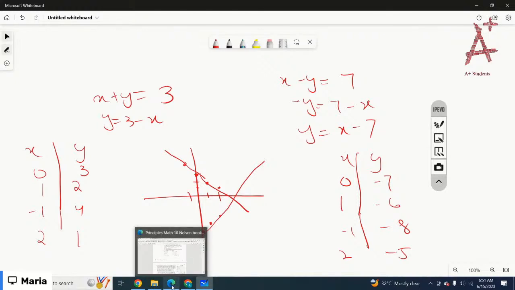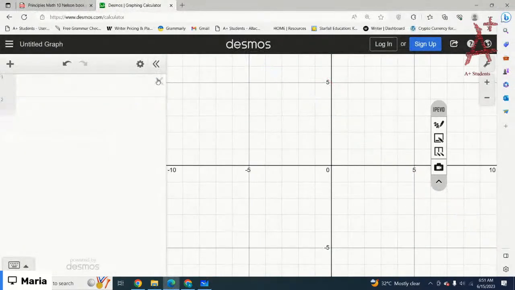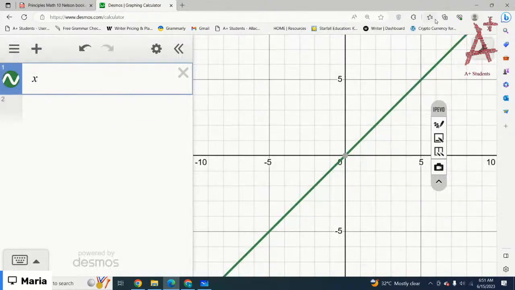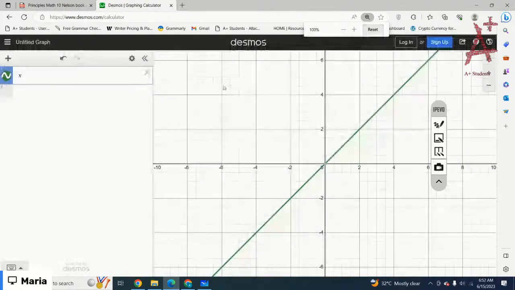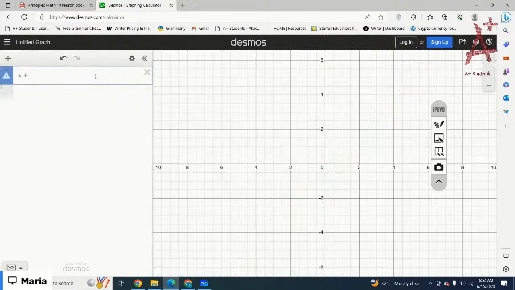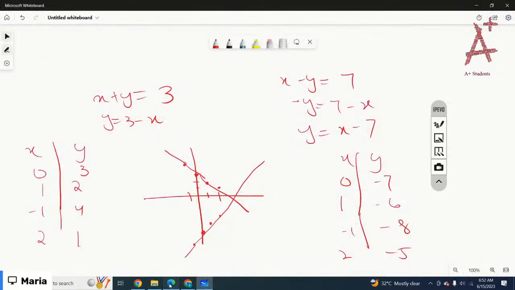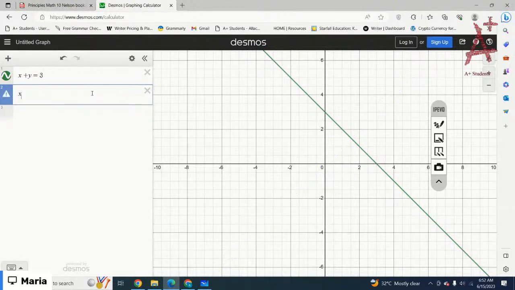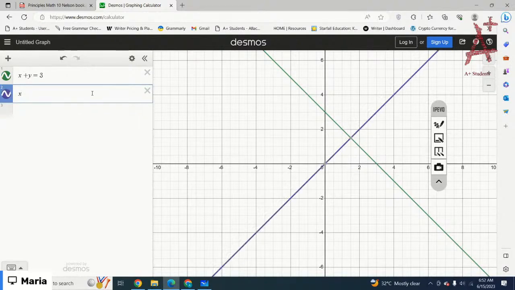Got it? x plus y equals 3, and the second equation is x minus y equals 7.